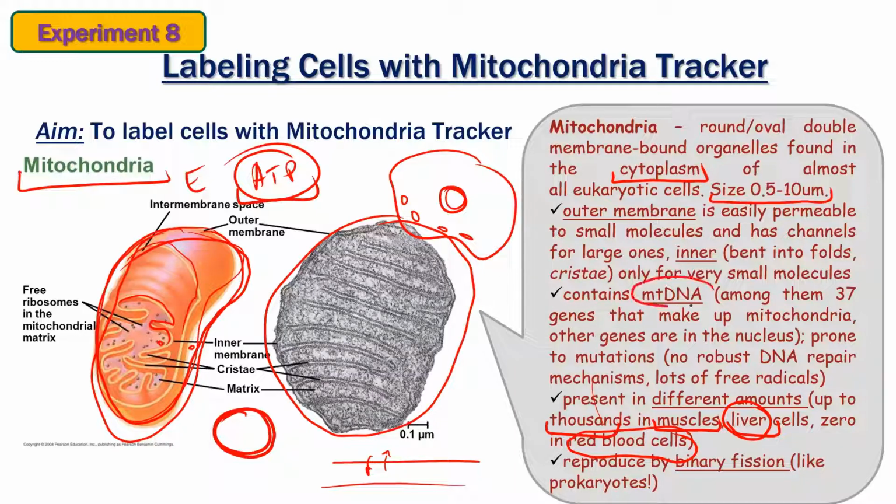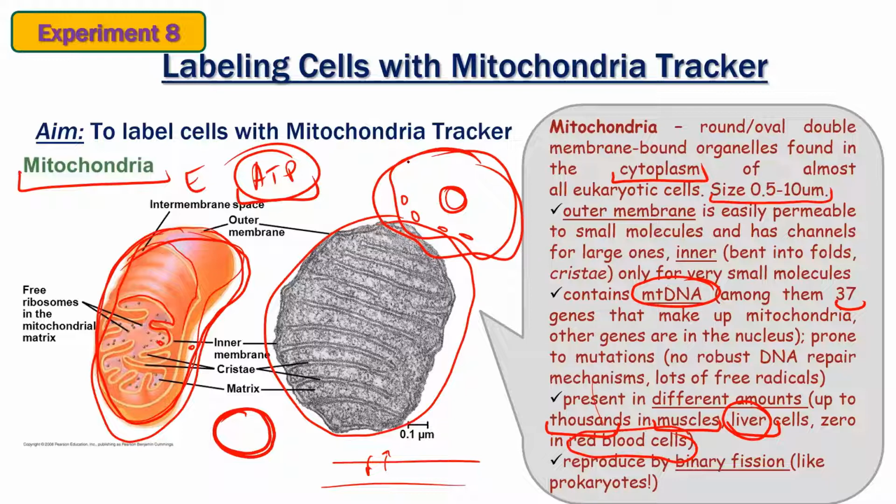Okay, so what else do we know about the mitochondria? Is that they have their own mitochondrial DNA. So this DNA is coding for 37 genes, and it is made actually to make sure that the structures inside the eukaryotic cell don't become super independent.